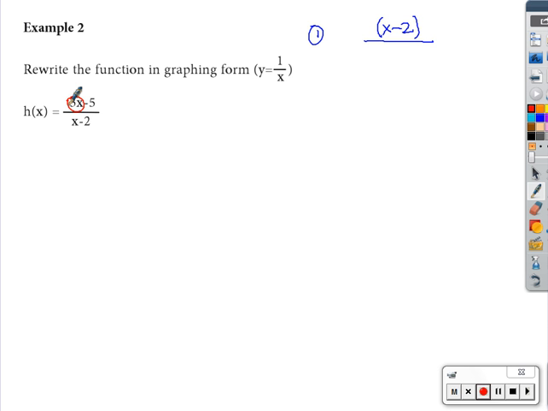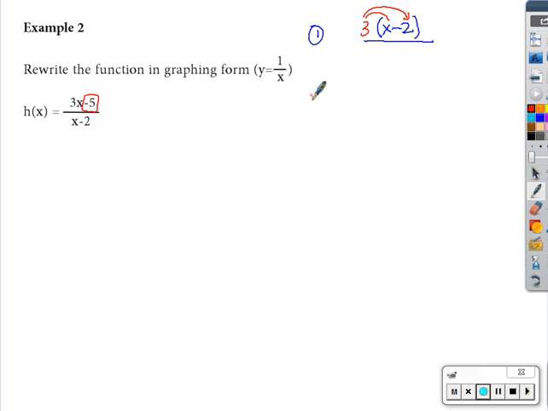So I'm going to multiply by 3 because 3 times x is 3x. However, in doing that, I have some collateral, and that is 3 times negative 2 gives me negative 6. But my original function doesn't have a negative 6, it has a negative 5.